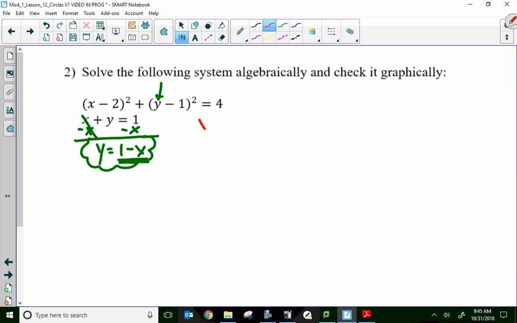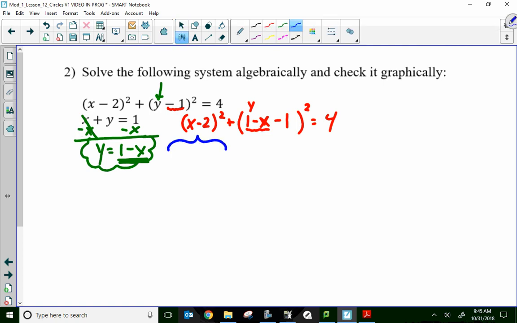So let me rewrite this. I have x minus 2 squared plus, in for my y, is 1 minus x, but I also have a minus 1 after that. Okay? So this part is what went in for my y. Squared equals 4. Now, I'm going to FOIL this.